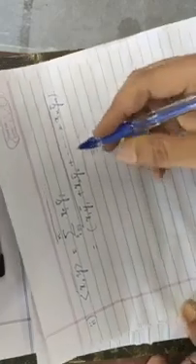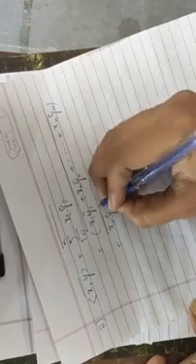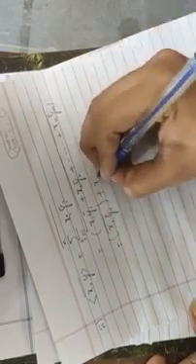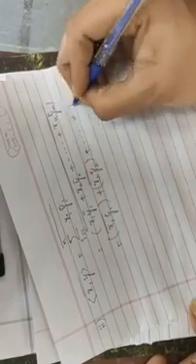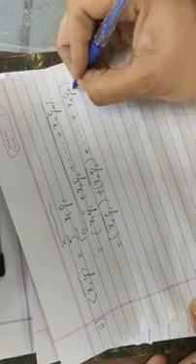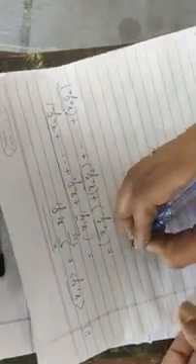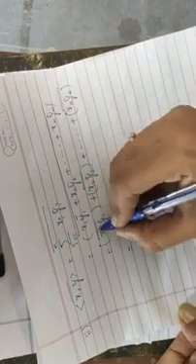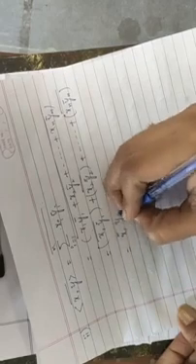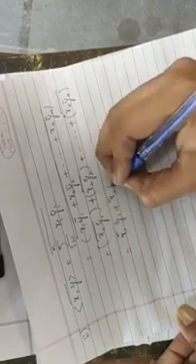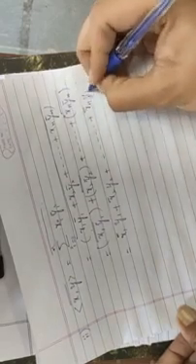So you can write this as x1 y1 bar whole bar plus x2 y2 bar whole bar plus so on up to xn yn bar whole bar. You can write this in this form. So this is nothing but, if you apply bar to both the elements, you will get x1 bar y1 plus x2 bar y2 plus so on up to xn bar yn.